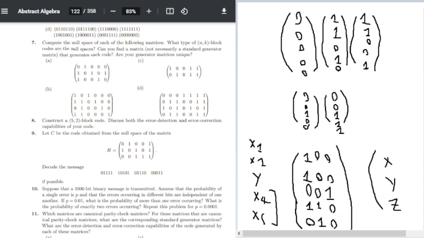Would this work? And then if you just replaced it by like 1, 1 here.